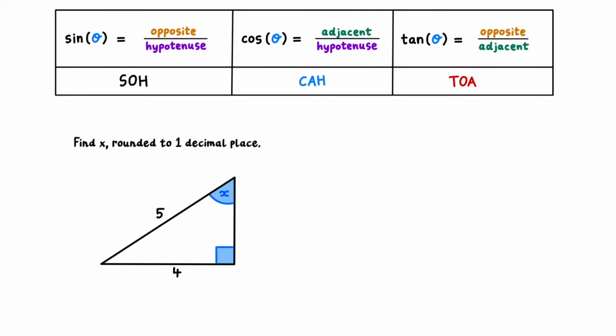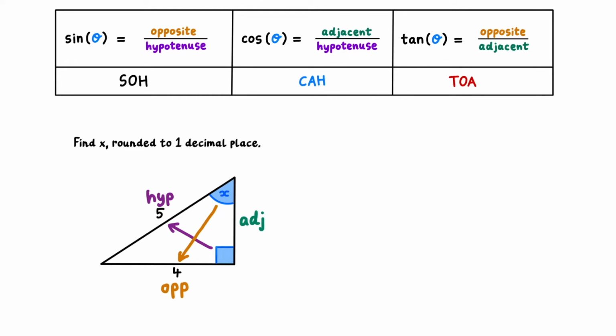In our final example, we have a right-angle triangle and one of the other angles is labelled as x. The hypotenuse is labelled as 5 and the side opposite x is labelled as 4. The adjacent does not have a label.